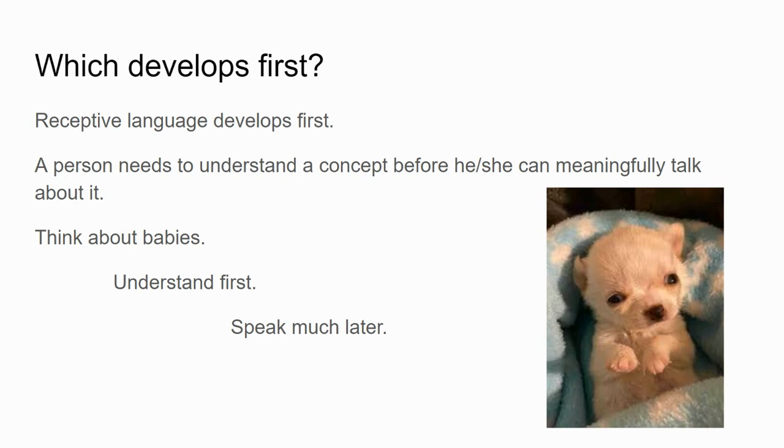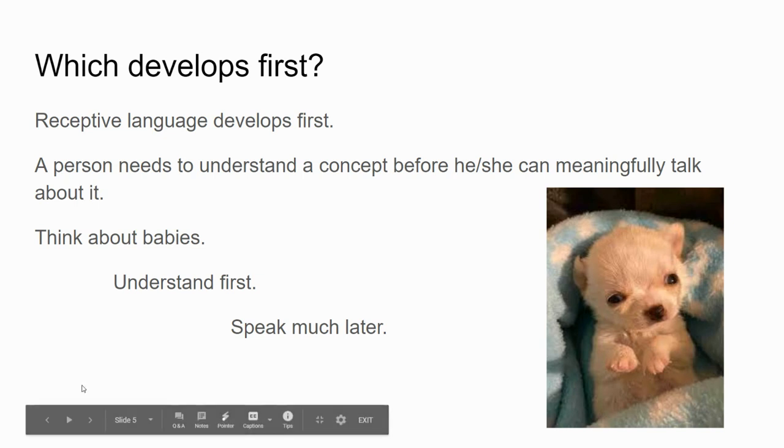And this is the same at school. Children are going to be able to understand things first and then talk about it. This is going to be important for the standards, so we'll talk about this in just a minute. But just remember, receptive language, understanding, comes first.